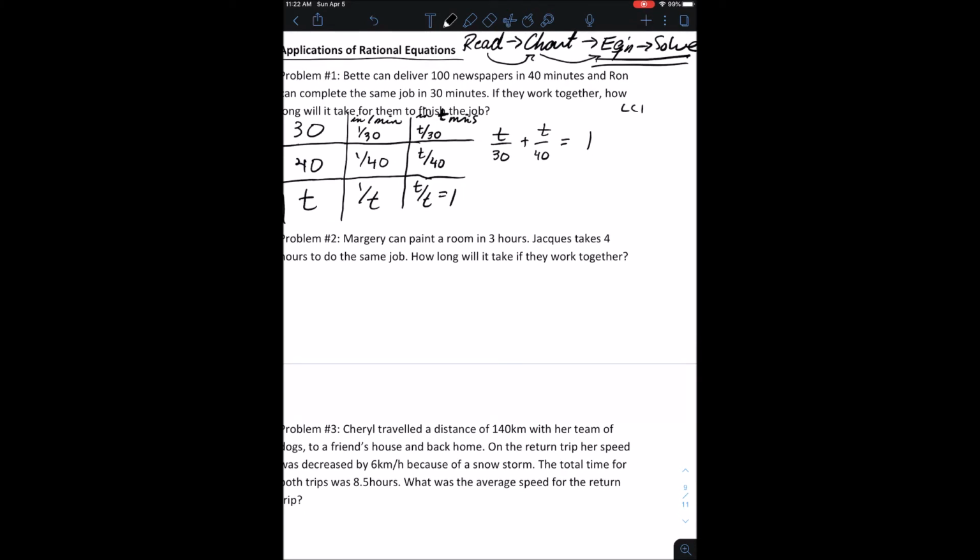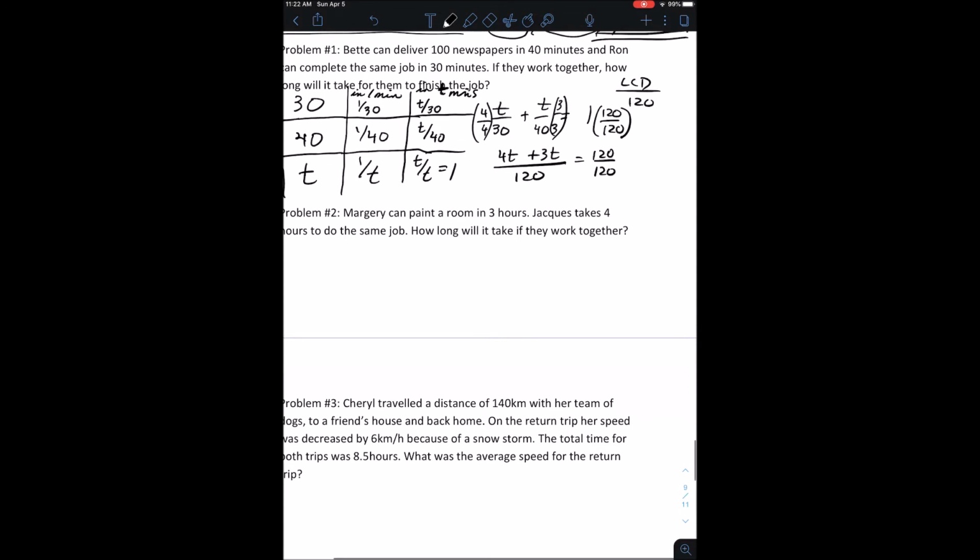And in this case, you can see our lowest common denominator is going to be 120. So I'm going to multiply this by 120 over 120. And over here, 30 times 4 is 120, and 40 times 3 is 120. So I have 4t plus 3t over 120, equals 120 over 120.